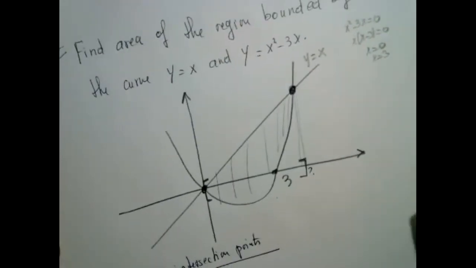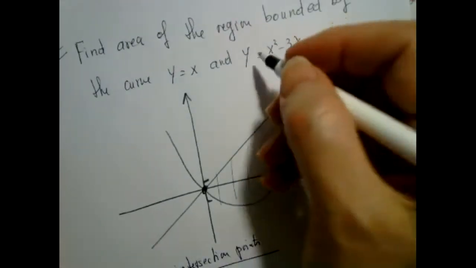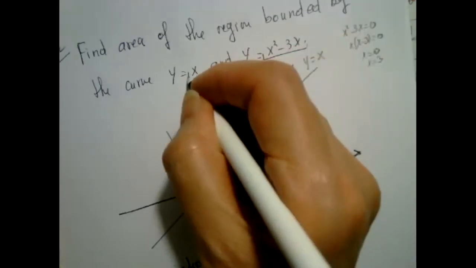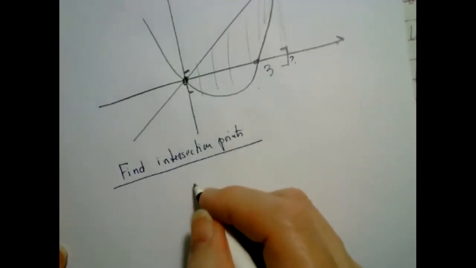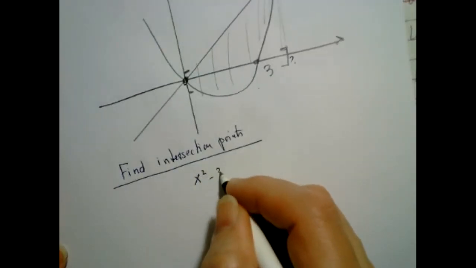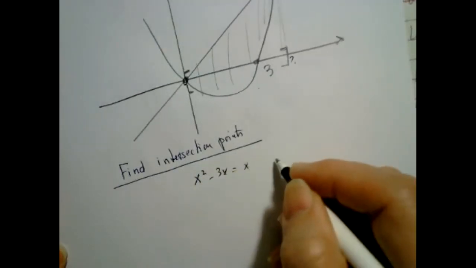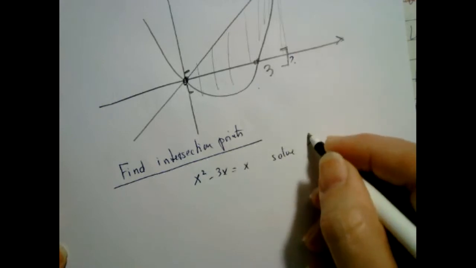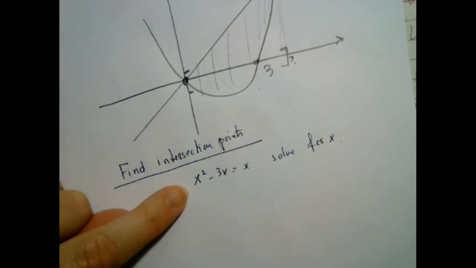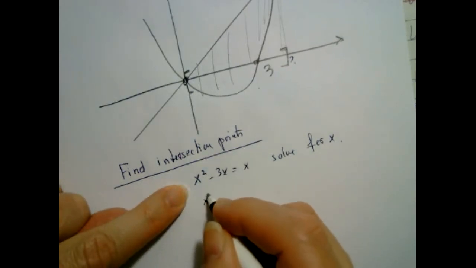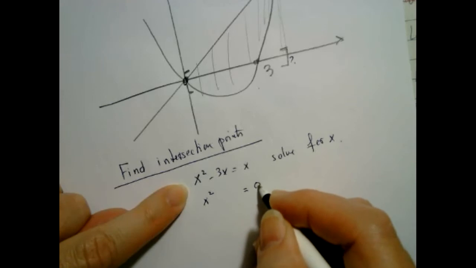All right, as your classmate said, how do we find the intersection point? We set the y's equal to each other and solve for x. I want to set x squared minus 3x equal to x and solve for x. This is a quadratic. The only way we solve a quadratic is somehow to make it equal to 0.